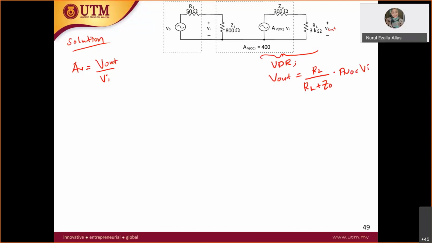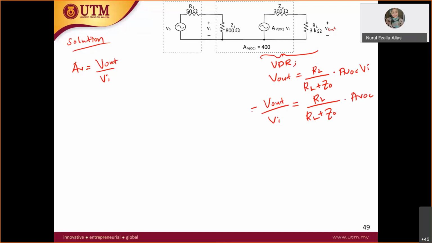AVOC is the gain factor value given, 400. From here you can rearrange the formula. Your objective is to get AV, which is V out over V in. So you rearrange, and V out over V in is equal to RL over RL plus Z out times AVOC.